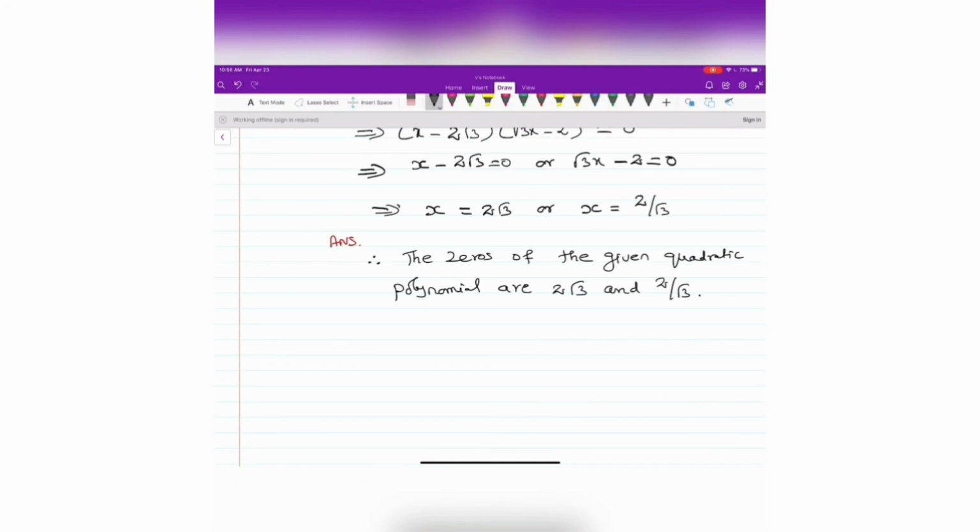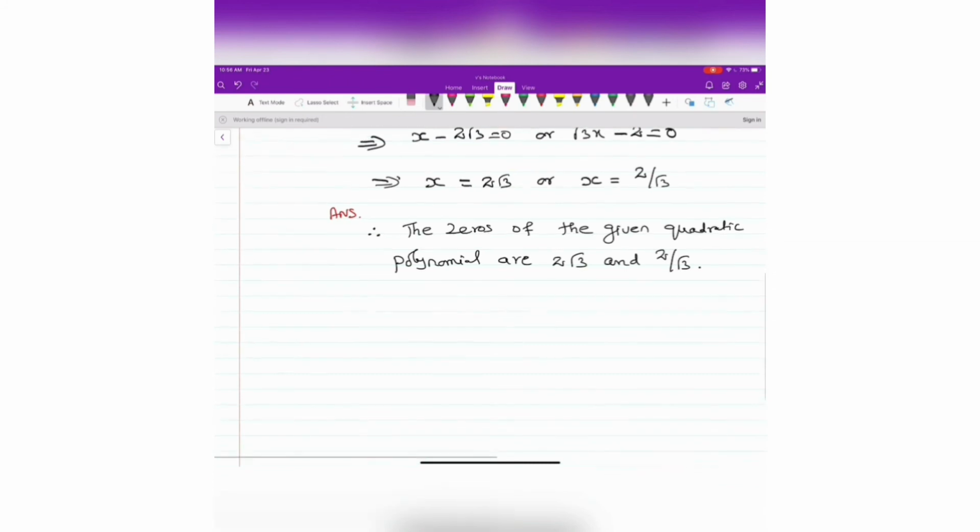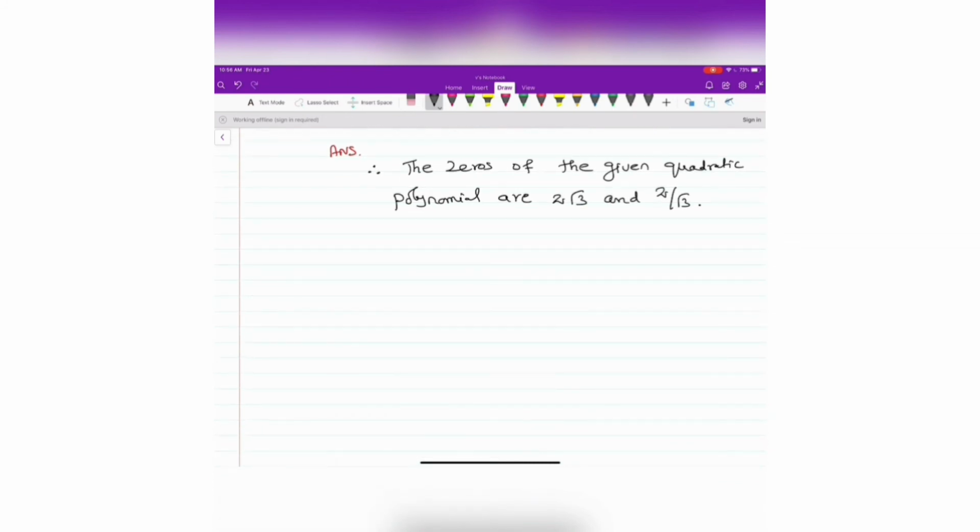Okay. Now our aim is to verify the relationship between the zeros and the coefficients of the given quadratic polynomial. Let's do it now. Let alpha and beta be the zeros of the given quadratic polynomial.